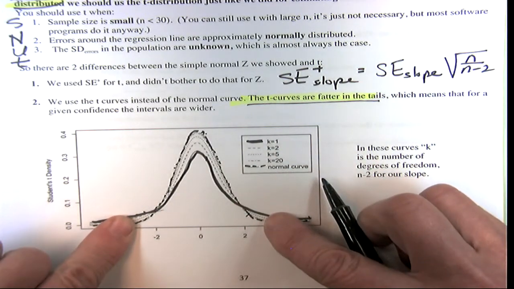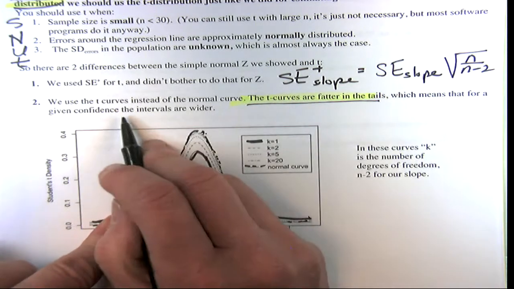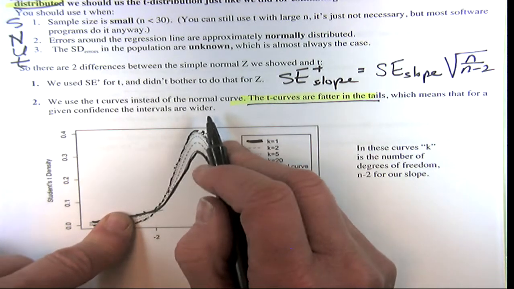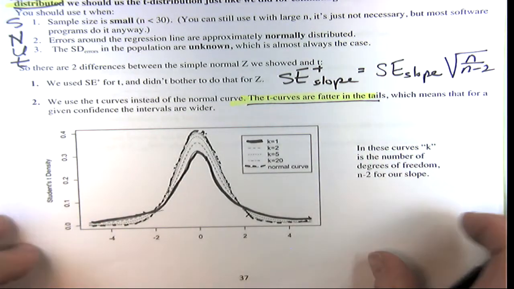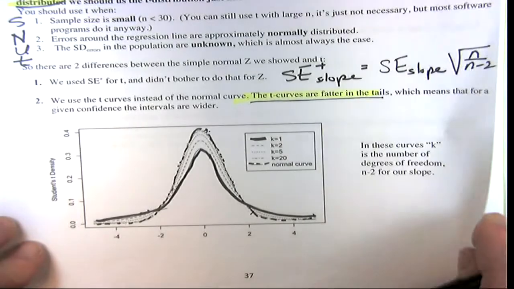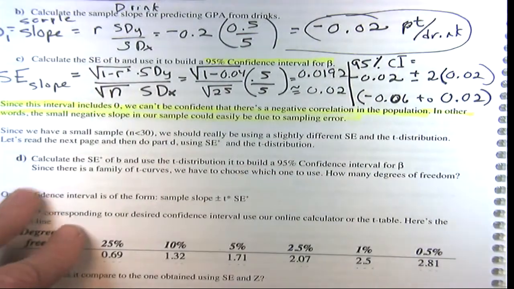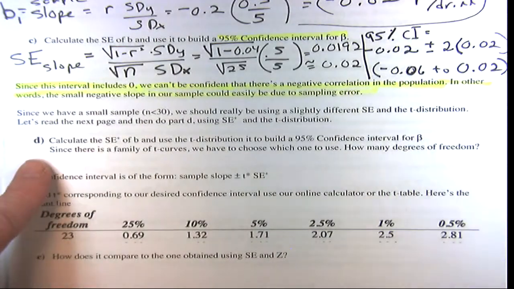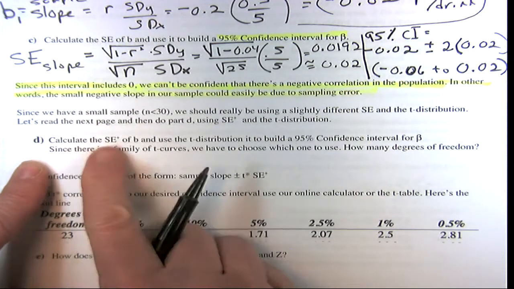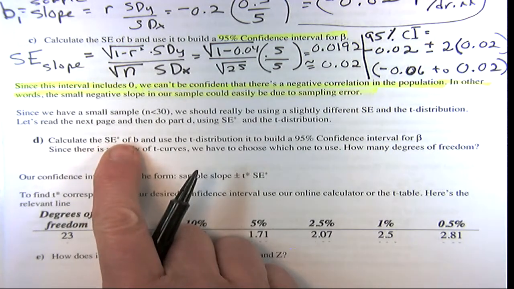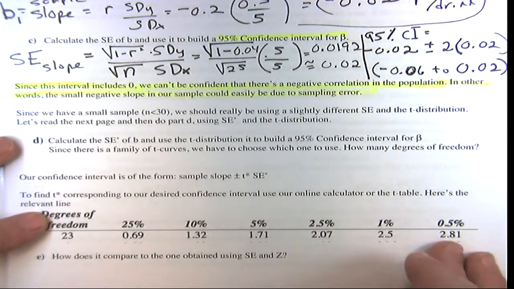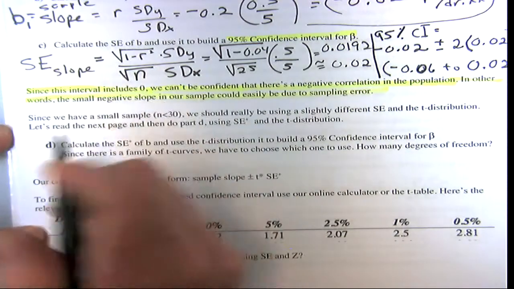You're going to have to go out further, which means that for a given confidence, you have a wider interval. All right. So now let's see what we want to do. We want to go back. Now that we understand that, we can go back and answer this question here, part D. So we can calculate the standard error plus of the slope. So let's do that. It's going to be just like this one.